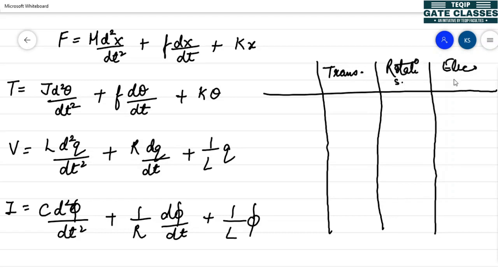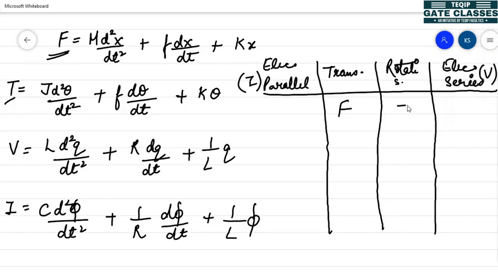This is the electrical system when elements are connected in series, and this is the electrical system when elements are connected in parallel, where a current source is there and a voltage source is there. So you can relate from these equations that in the translational system the force acting is F, whereas in the rotational system it is T. In the electrical series system it is V, and in the electrical parallel system it is I.